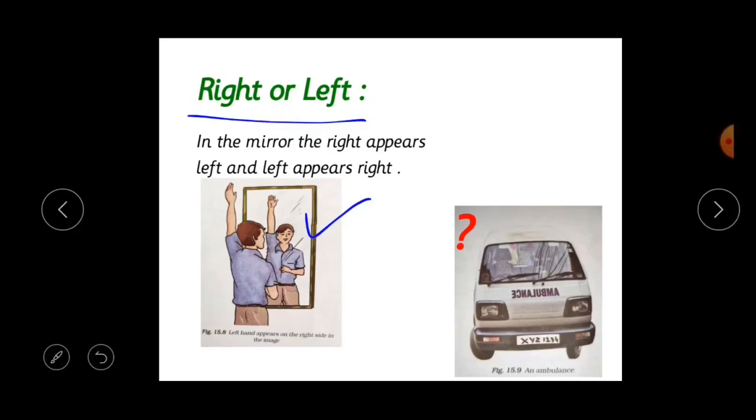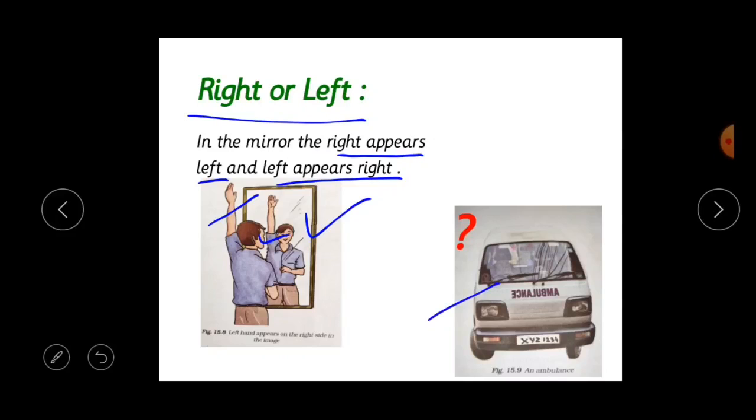Okay, now just raise your left hand. Okay, now touch your right ear. Now observe carefully. You will find that in the mirror, the right appears left and the left appears right. Isn't it? It happened. Yes or no? Yes.